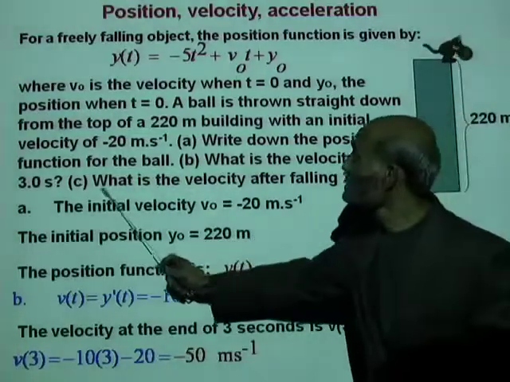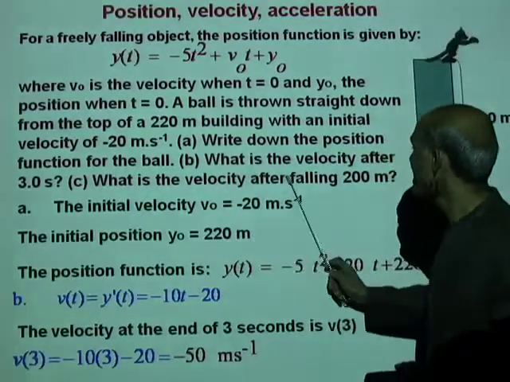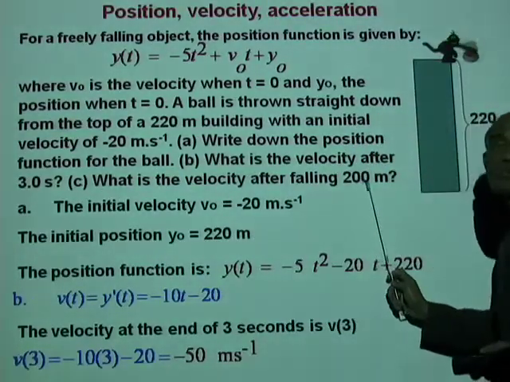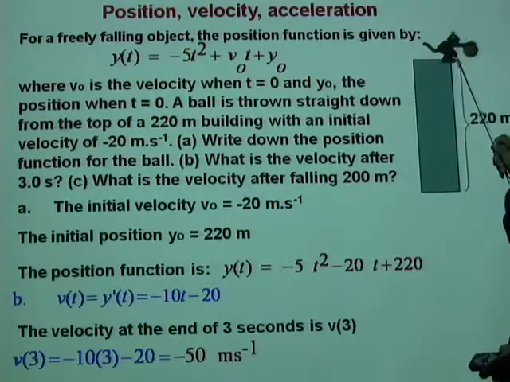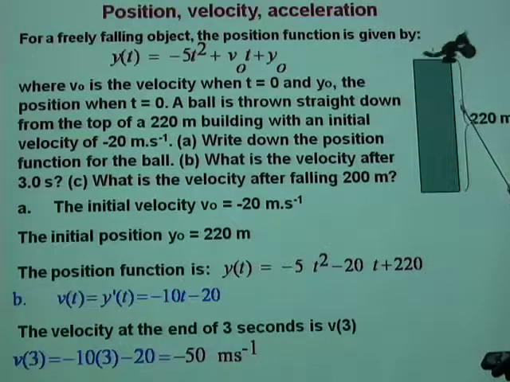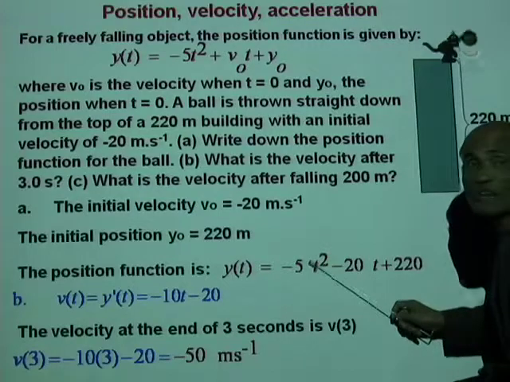Now let's talk about the third part. What is the velocity after falling 200 meters? The ball is dropped from a height of 220 meters. After falling 200 meters, it is here. What we need to do is find the time from this equation.